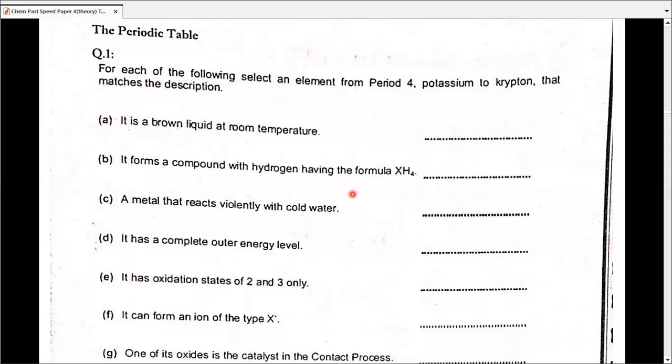Since there are only two liquids in the entire periodic table at room temperature and pressure, there is only one liquid that is a metal and only one liquid that is a non-metal. The non-metal is bromine, and the metal is mercury. Keep that in mind. These kinds of questions are usually asked, as one of the examples you can see in front of yourself. So, part A, bromine. Let's move on. Part B.